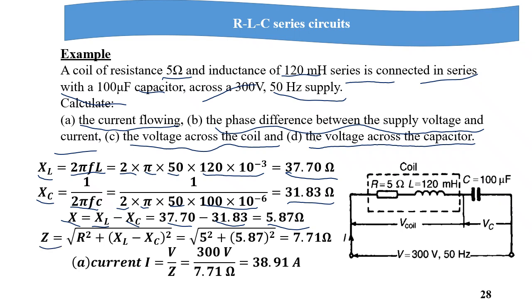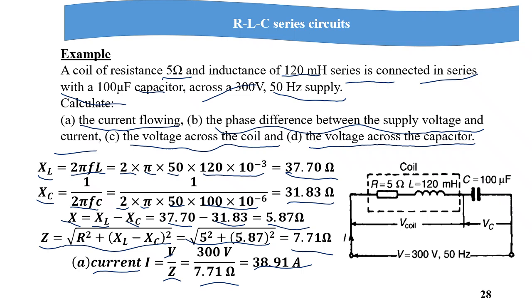For the Z, which is the square root of R squared plus XL minus XC squared, we get the root of 5 squared plus 5.87 squared, which is equal to 7.71 ohms. For the current, we get the magnitude of the voltage divided by the impedance, 300 divided by 7.71, which gives the current equal to 38.91, which is the first required.